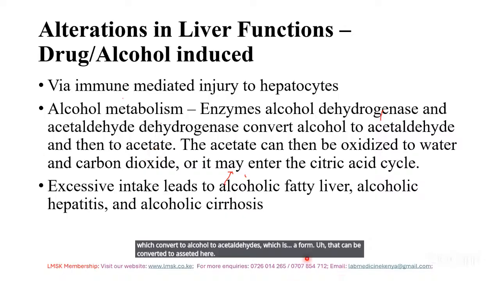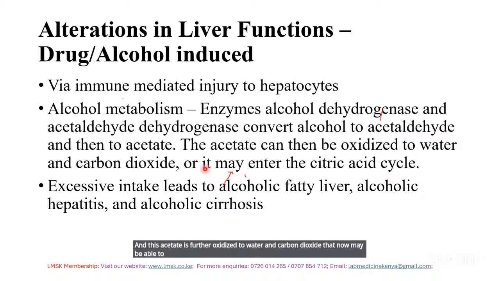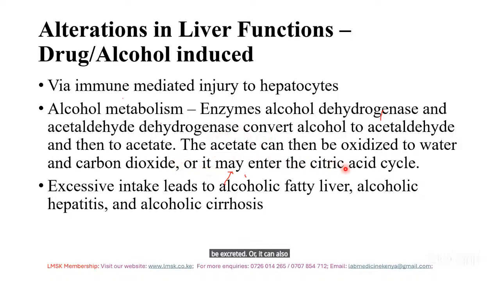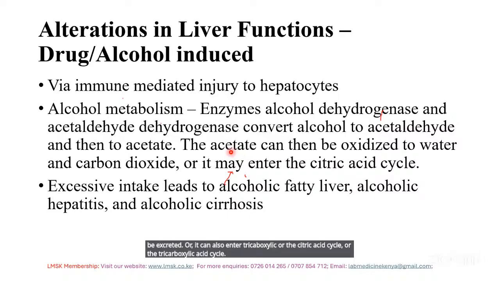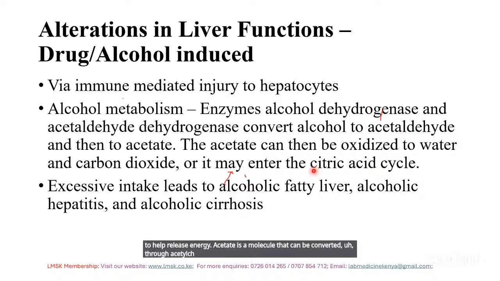And this acetate is further oxidized to water and carbon dioxide that may be excreted. Or it can also enter the tricarboxylic acid cycle, the citric acid cycle, to help release energy. Acetate is a molecule that can be converted through acetyl coenzyme A, and it can also help in the production of energy.